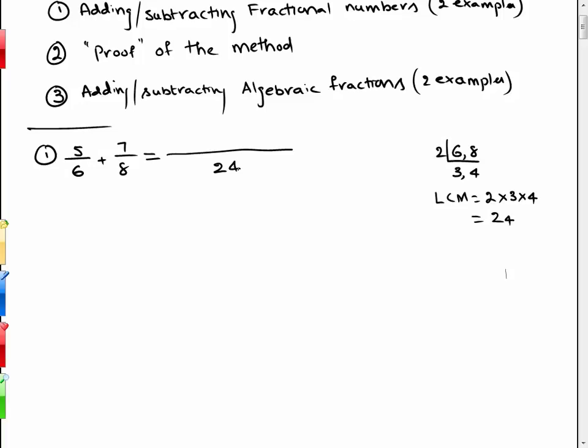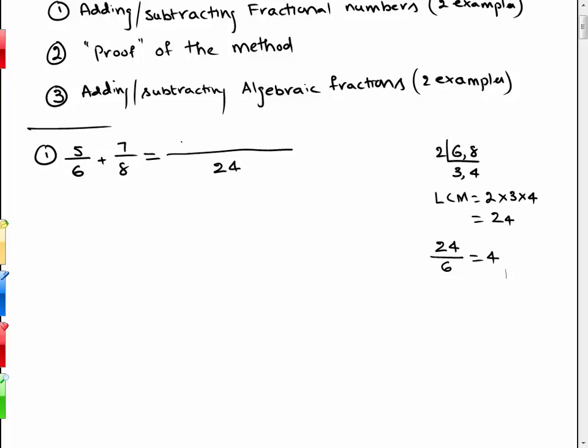And then you ask yourself this question: what is the common denominator divided by the first denominator? Go to the side. You don't have to be macho. Go to the side and figure out what is 24 over 6. The answer is 4, right?